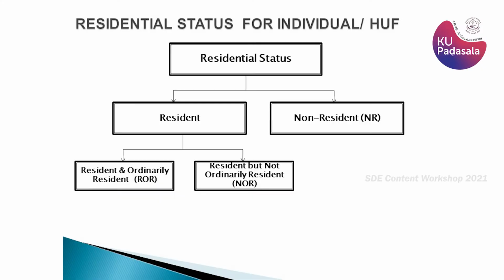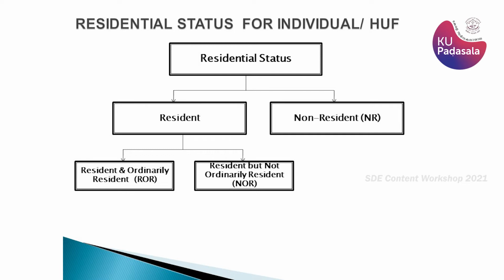So, first, determination of residential status of individuals and HUF. In the case of individuals and HUF, according to their residential status, they can be classified as follows. It is given in the diagram. An individual or HUF can be classified as resident or non-resident.